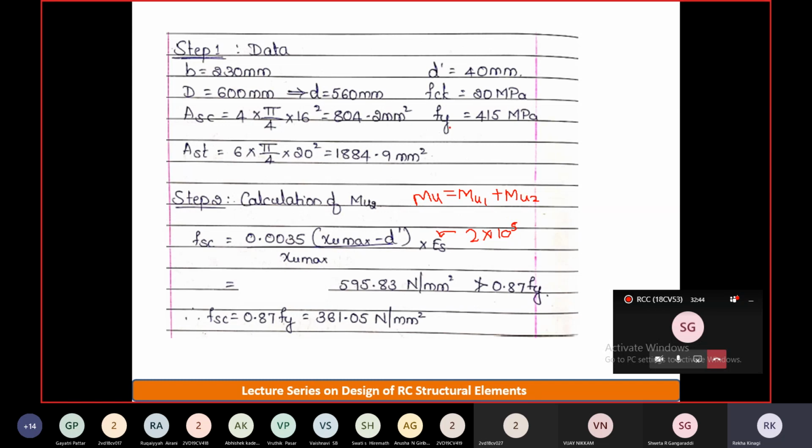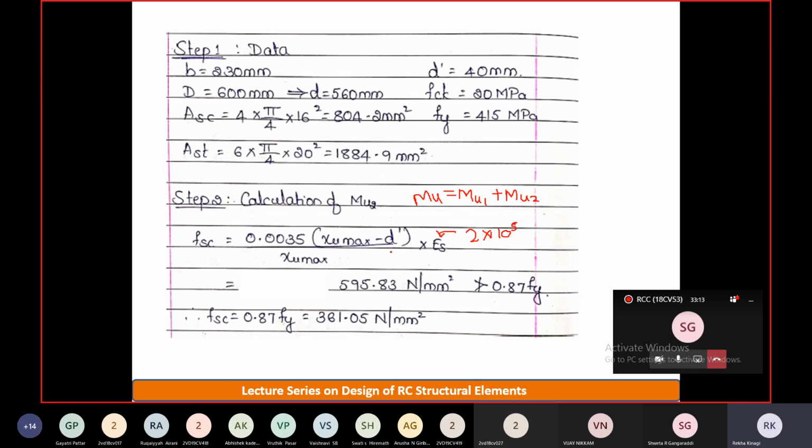The type of steel here is Fe415. So for Fe415, what is XU max or XU limit? It is 0.48 D. XU max value is 0.48 D for the grade of steel 415.